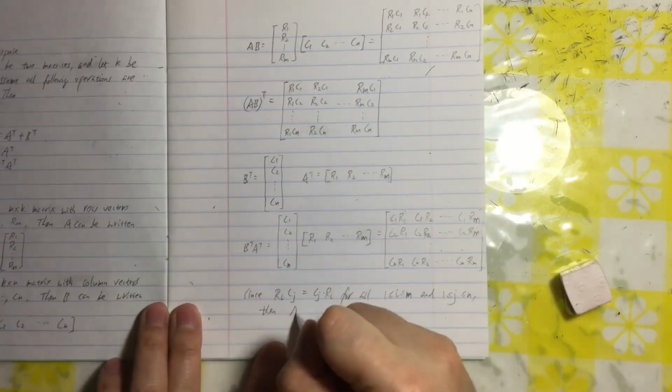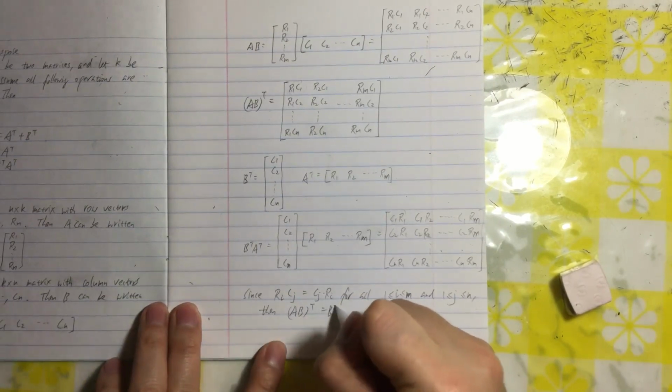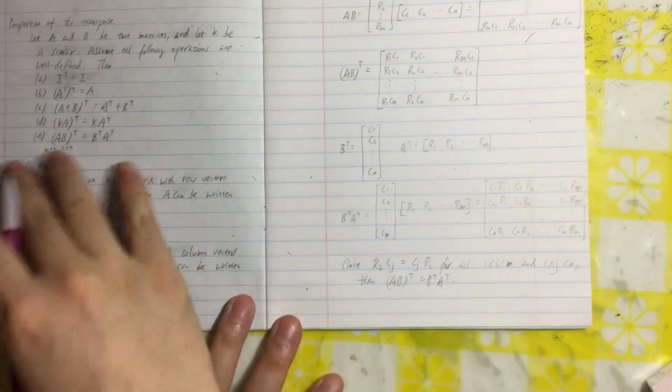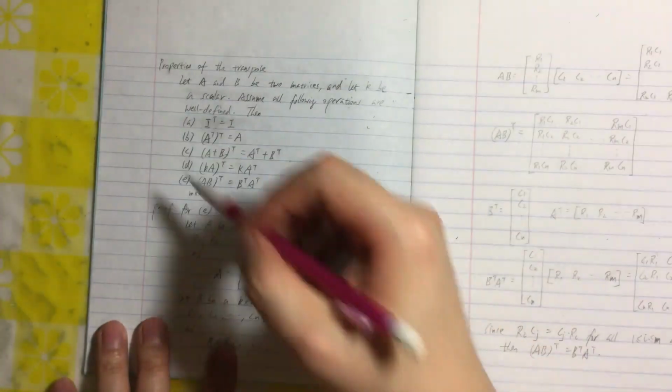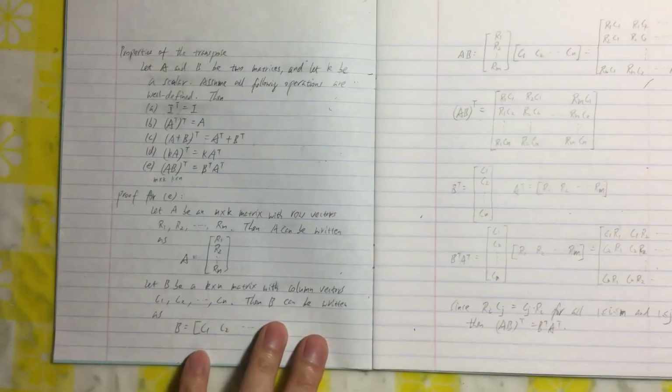So (AB) transpose equals B transpose times A transpose. That's the proof for part E. The proof for the rest, A, B, C, D, should be simple. I leave the rest for you.